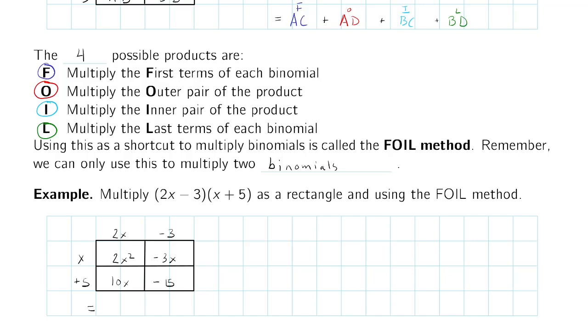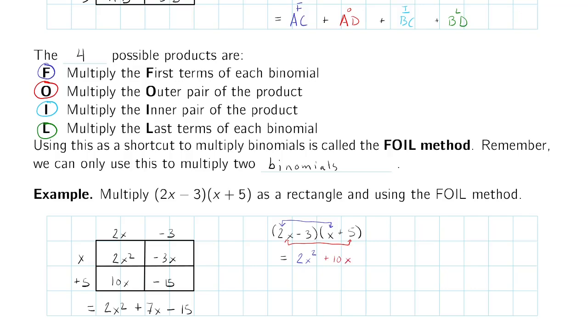And so we'll say 2x squared, negative 3x plus positive 10x is plus 7x, minus 15 is our product. Using FOIL instead, we'll take our first terms. So 2x times x is 2x squared. Our outer terms, 2x times 5 is 10x.